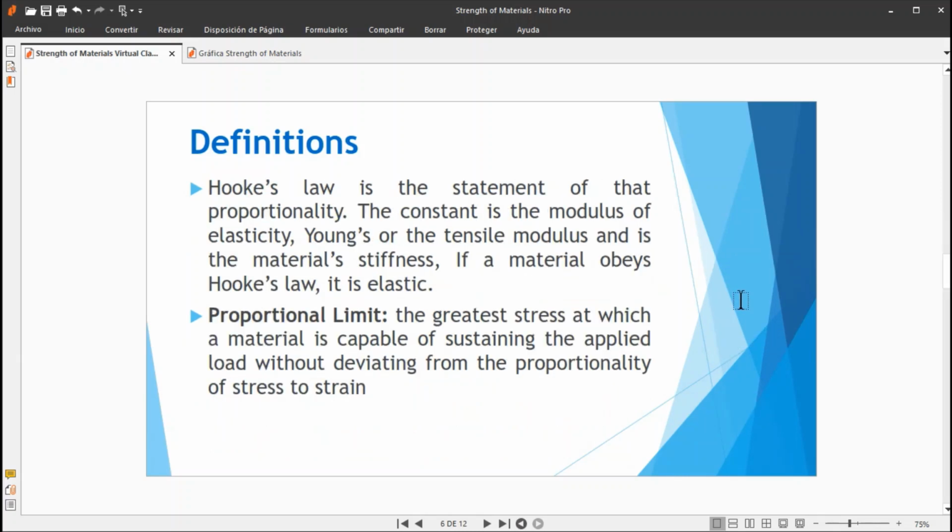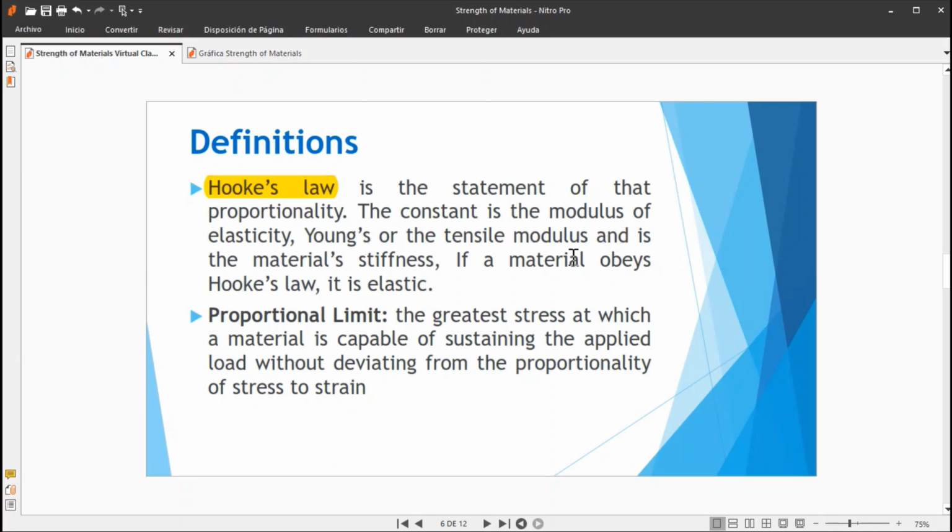Let's continue. Definitions. It says Hooke's law is the statement of that proportionality. That means that the proportionality of modulus elasticity comes from Hooke's law. There we go. Look, the constant is the modulus of elasticity, Young's or the tensile modulus.